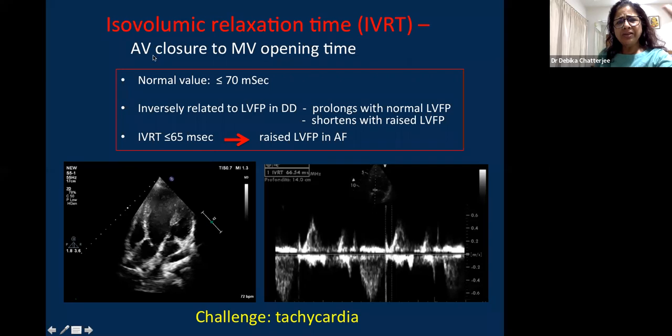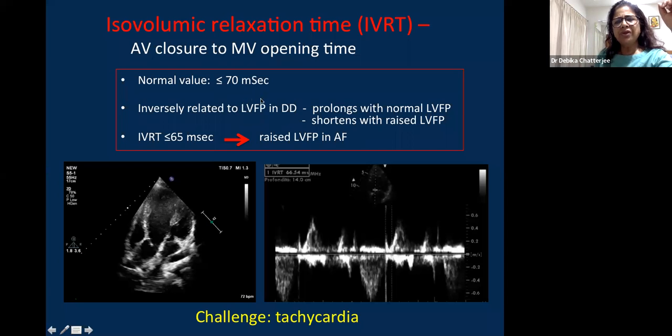It's the time when the aortic valve is closed and the mitral valve also is closed. The normal value is equal to or less than 70 milliseconds. And it is inversely related to the LV filling pressure.